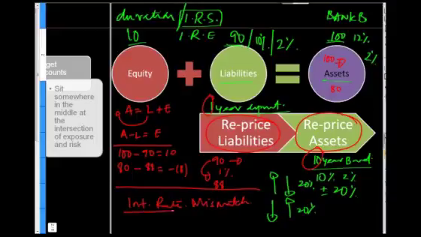The interest rate mismatch occurred because the tenor, the maturity or the duration of the assets was significantly greater than the duration or maturity of liabilities. And it was this mismatch that created the scenario where the bank's equity was wiped out when interest rates moved against us and the underlying assets and liabilities were repriced. So this in essence is the concept of asset liability management.